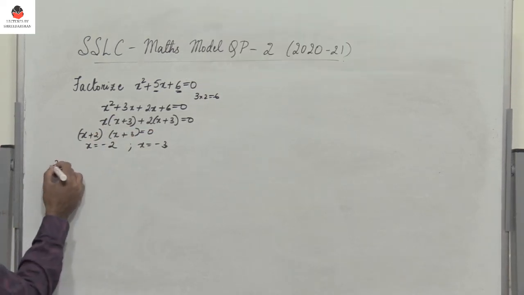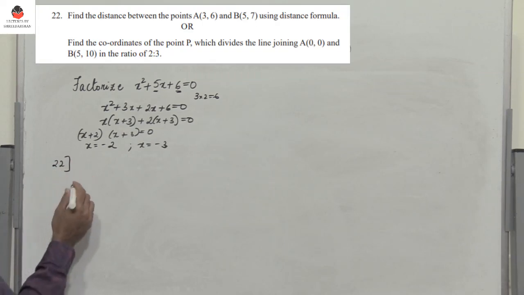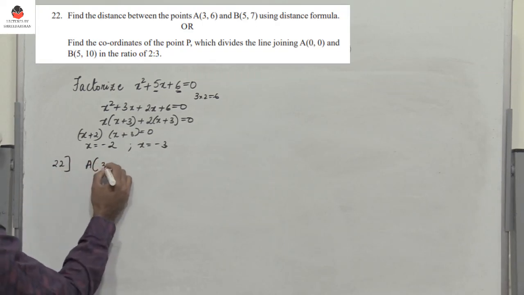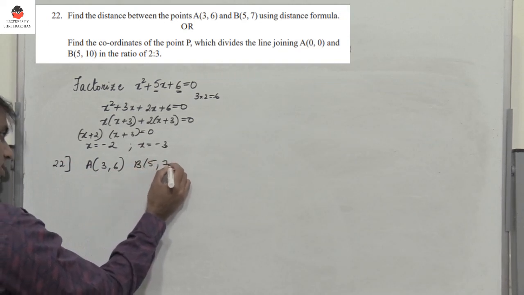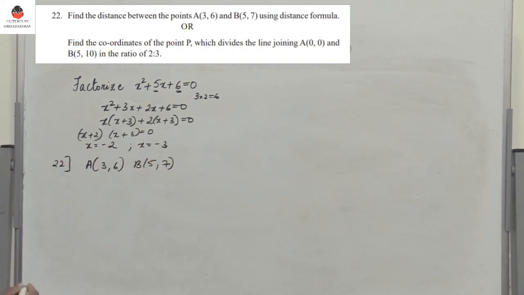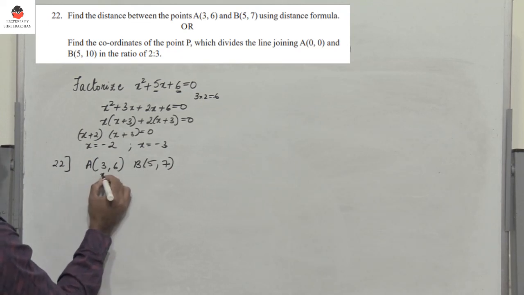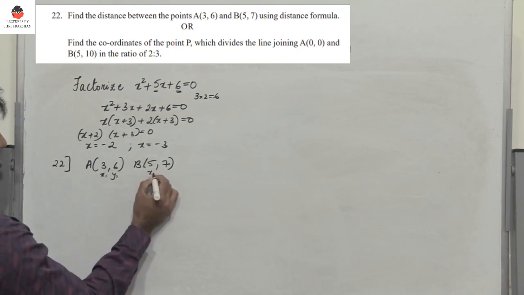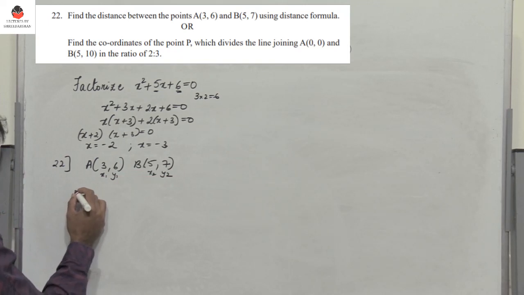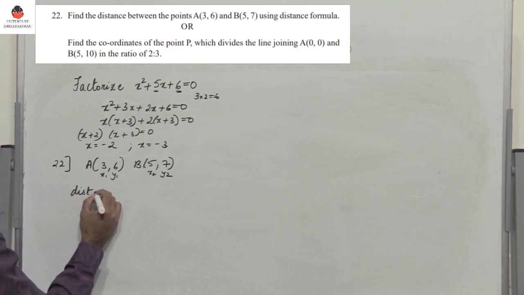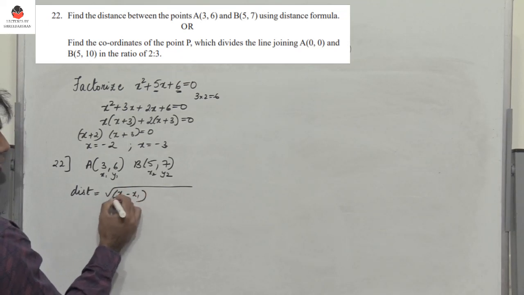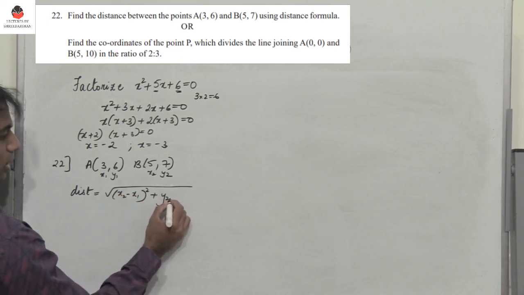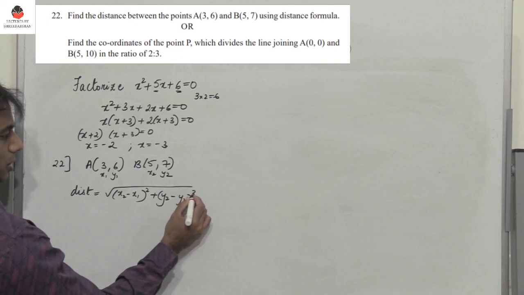So moving on with the next problem, 22. Find the distance between A 3, 6 and B 5, 7 using distance formula. So if this is x1, y1 and this is x2, y2, we know that the distance formula is nothing but root of x2 minus x1 the whole square plus y2 minus y1 the whole square.